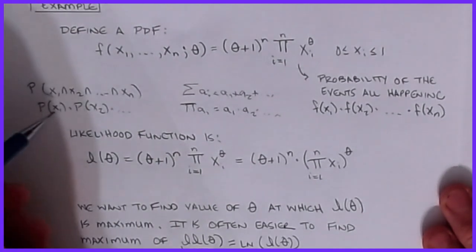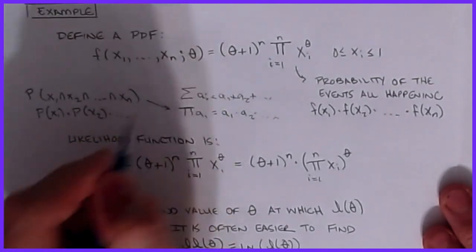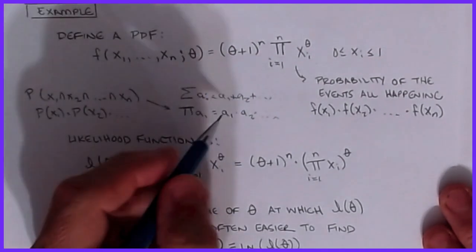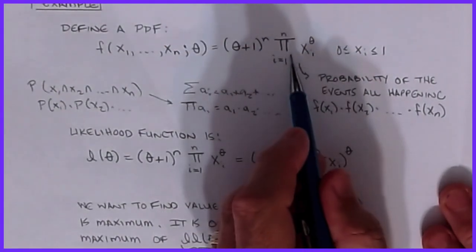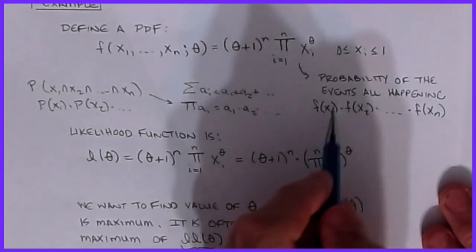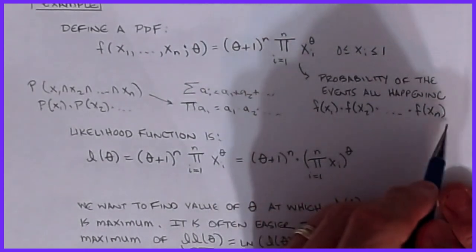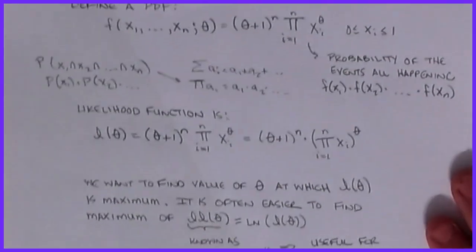And that's the game, and a lot of times that's what's coming out of this pi operator, this product operator. That's what it's representing. So we can say that f of x1 times f of x2 all the way out to f of xn is what's happening.